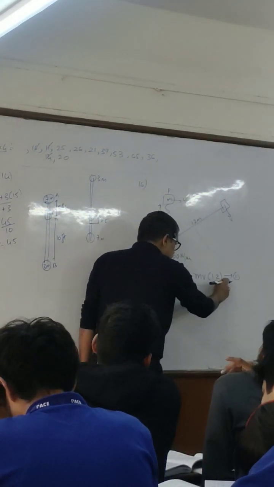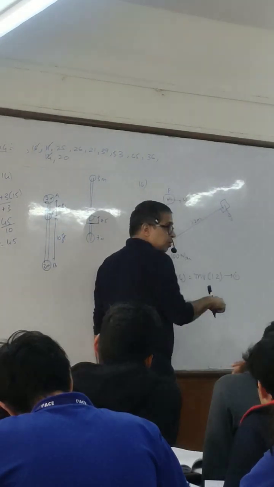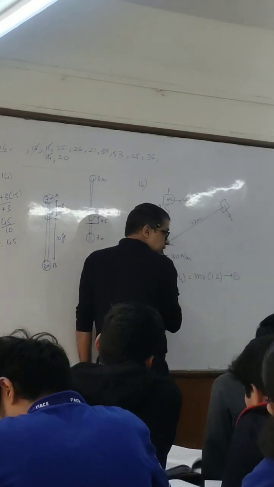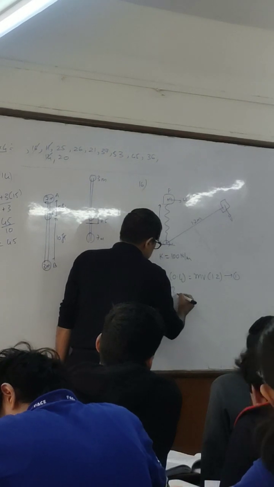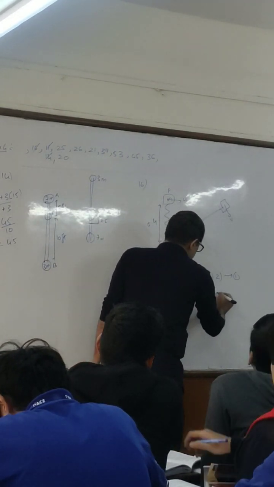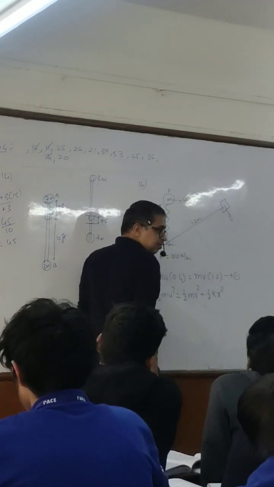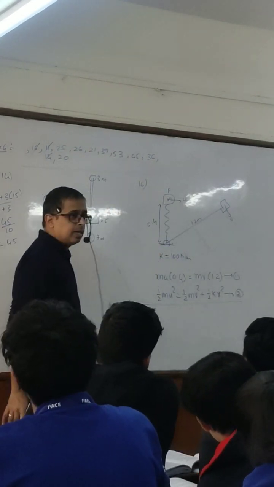Now mvr, don't you think you'll have to put sin theta here? Sin 90 is 1. Right? This is my first equation. Second, conservation of energy. Half mu square will be half mv square plus half kx square. How do I get x? 1.2 minus 0.9, 0.3. Oh, smart. Right?